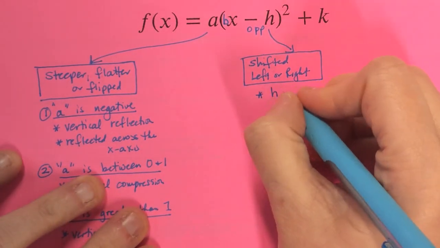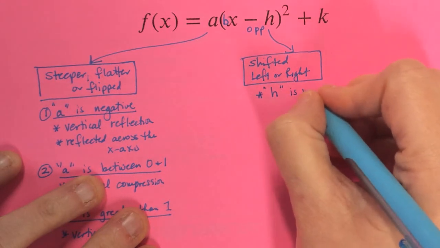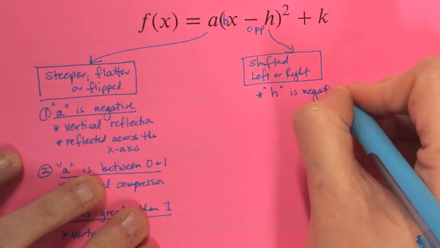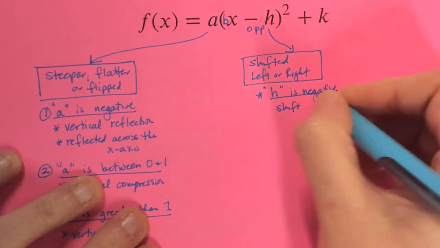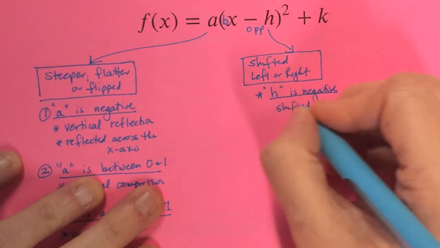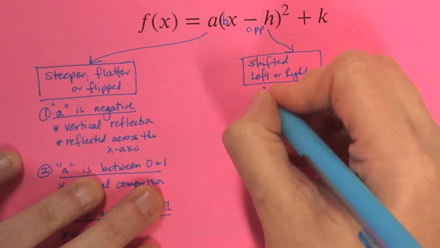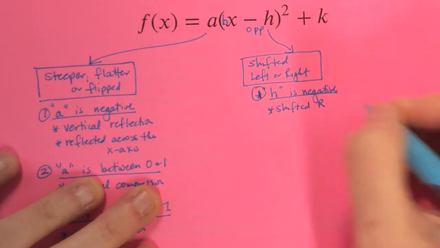Okay, if H is negative, then you are shifted right. Well, actually, this should be a 1, and that should be a star. You're shifted right.